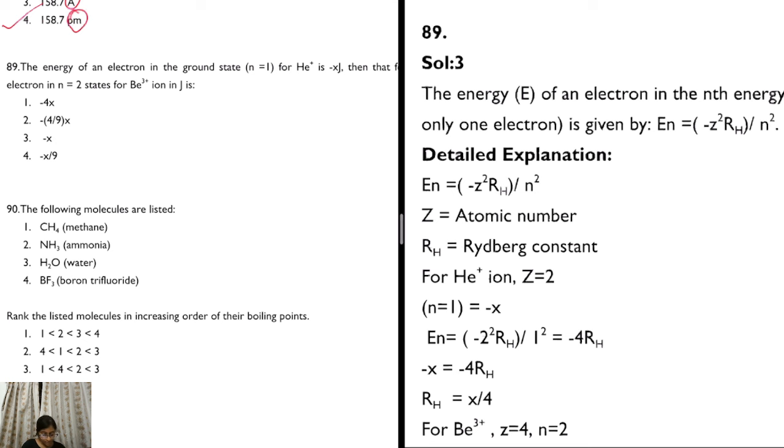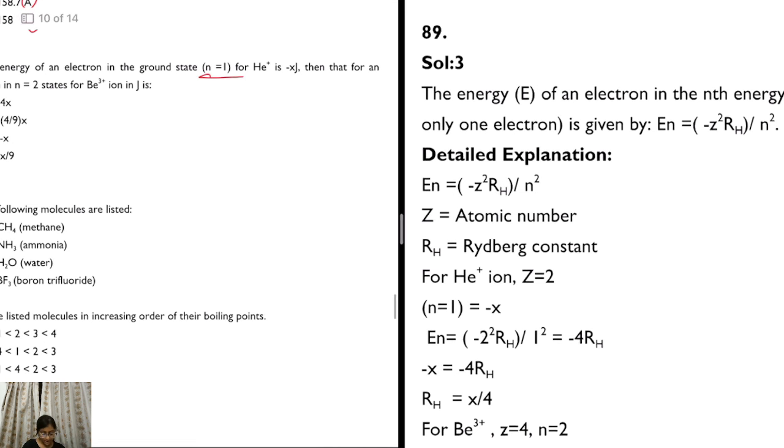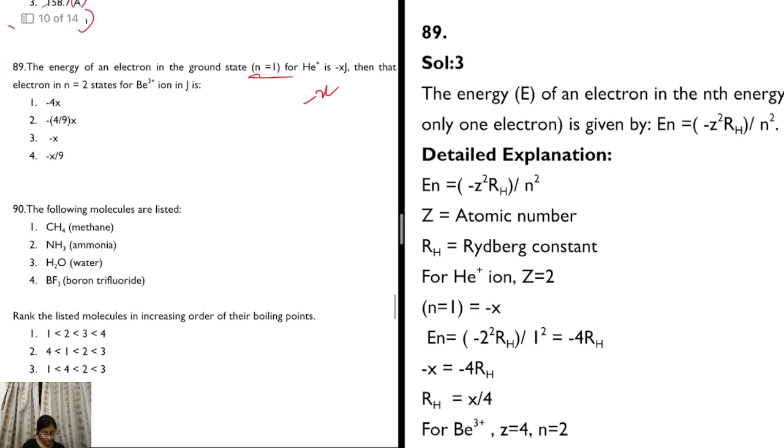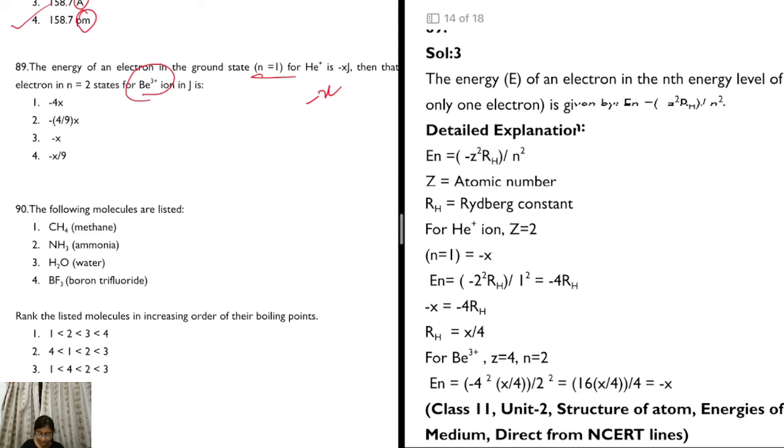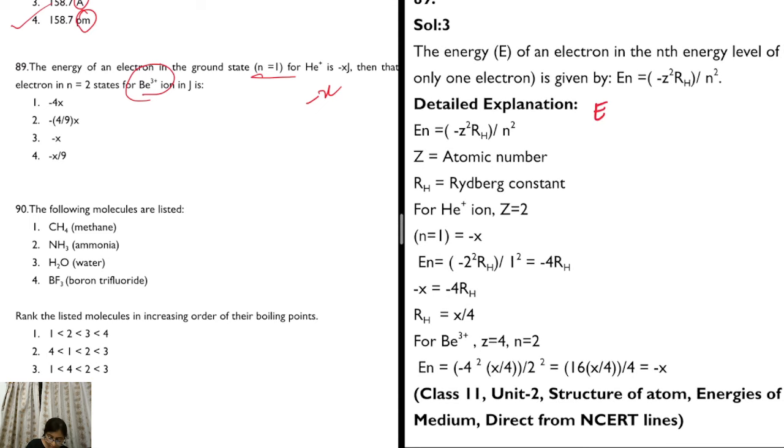The energy of an electron in the ground state, n equals 1, for helium positive is minus x joules. Then that for an electron in n equals 2 with Be plus 3 ion in joules is C. We all know that En equals minus Z square RH upon n square.